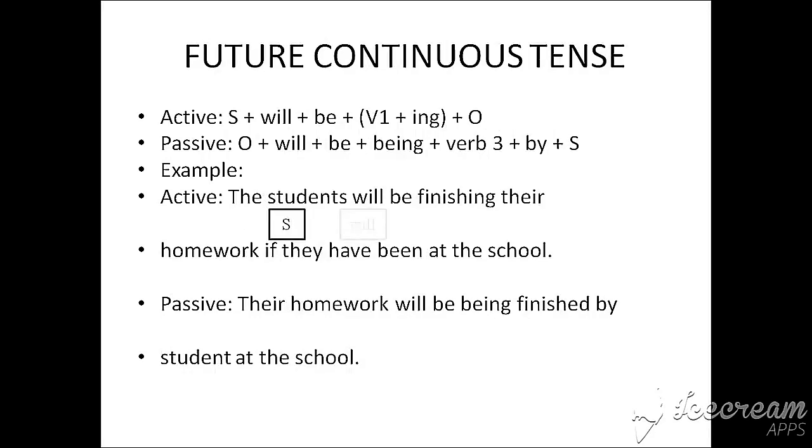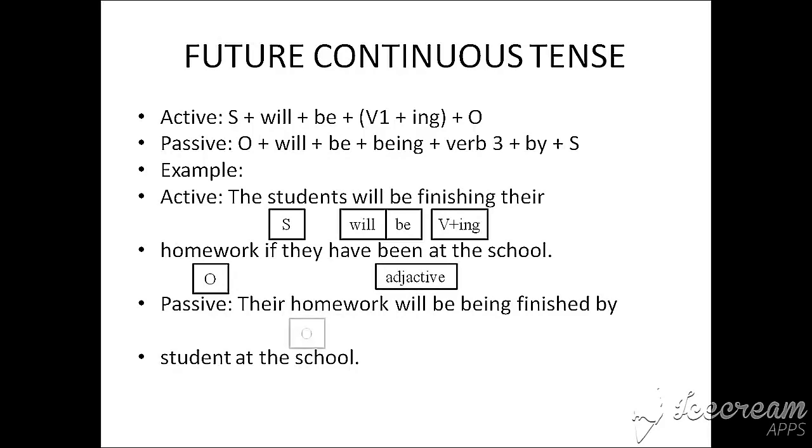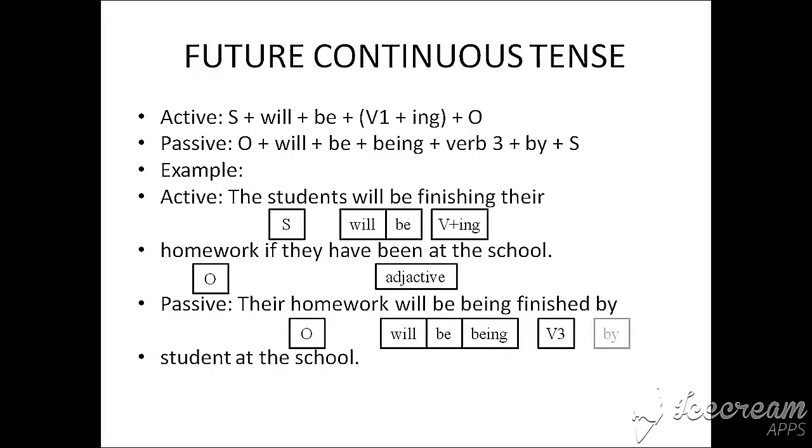There is future continuous tense, with the active and passive formula there. Example, the active sentence is the student will be finishing their homework at the school. And the passive sentence is their homework will be being finished by the student at the school.